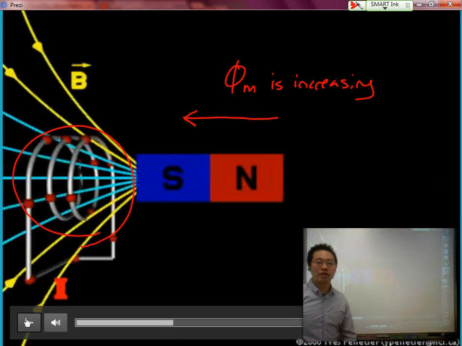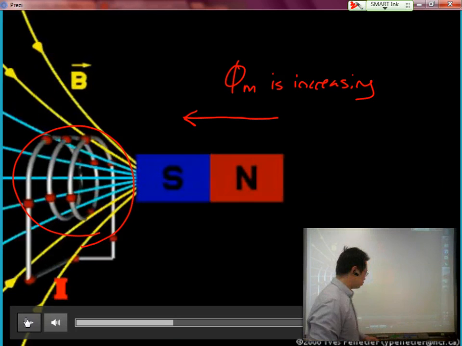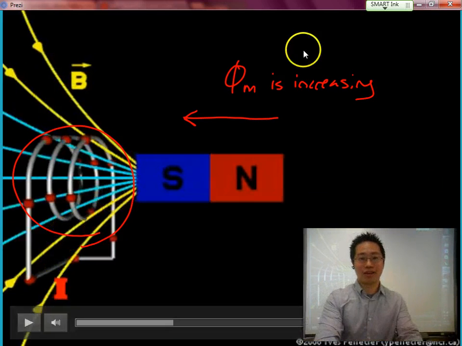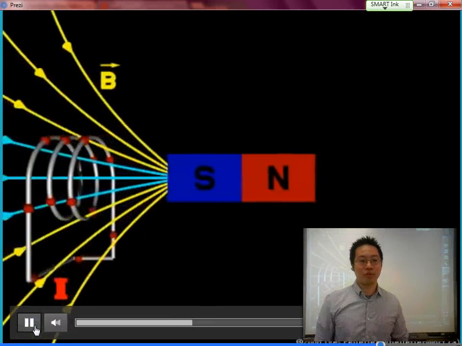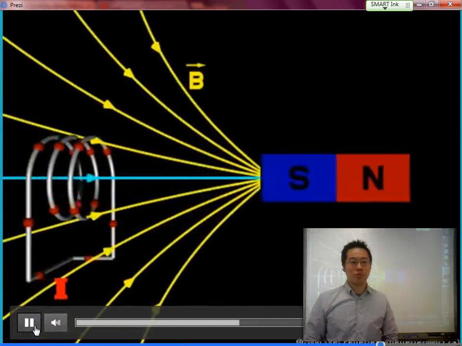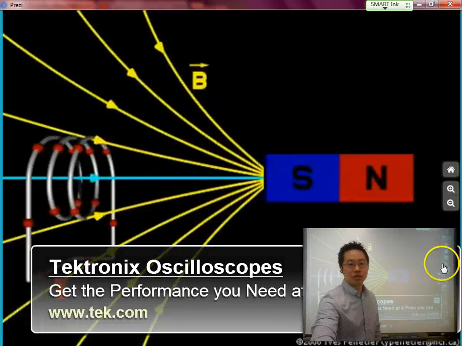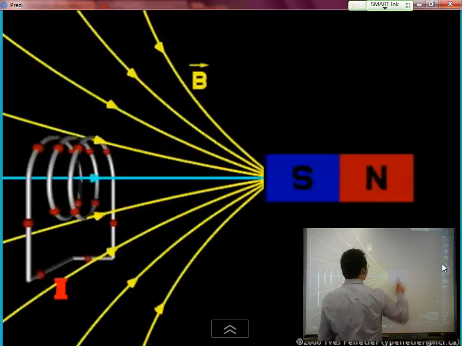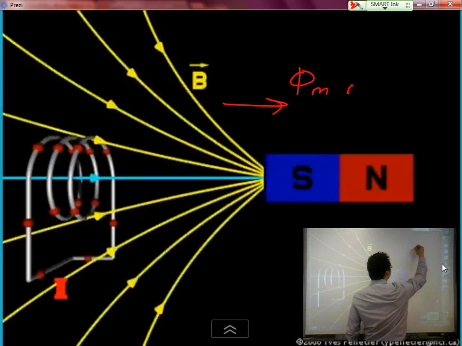Okay, so when the magnet gets closer, there's more field lines passing through those loops, so the magnetic flux is increasing. And when it gets pulled away, we can see that there are less field lines now passing through the loops. So as the magnet was moving in this direction, the magnetic flux was decreasing.